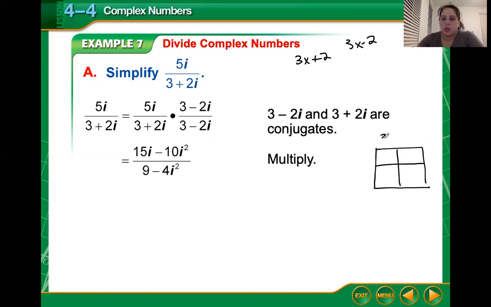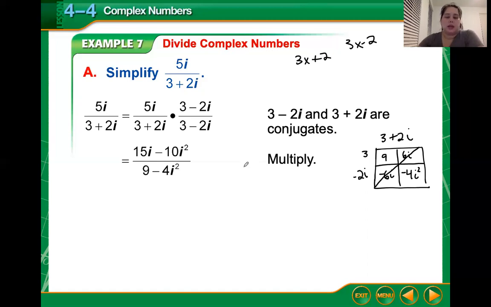So we're going to do 3 plus 2i and 3 minus 2i, and we'll get 9, positive 6i, negative 6i, and then negative 4i squared. Notice these cancel each other out, and we're left only with the square of the first and the last.